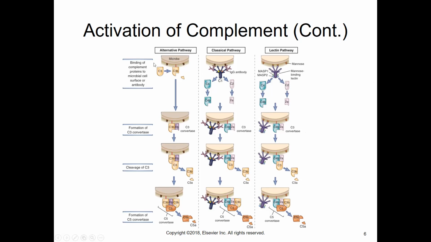And so no matter how it started, whether it be just the microbe itself or the antigen activating the antibody to start it, or whether it be this mannose binding lectin, they will all meet at C3 to C3b.